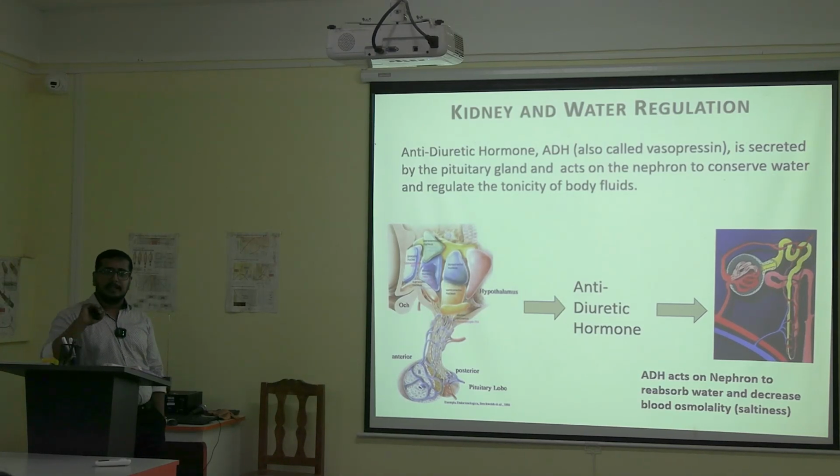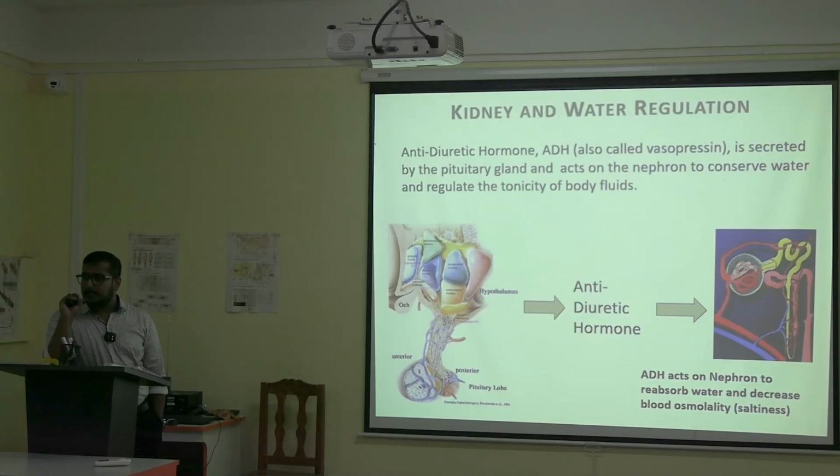The posterior pituitary secretes ADH and oxytocin. Always remember that, from the posterior pituitary only two hormones are released, ADH and oxytocin. ADH is antidiuretic hormone, which helps in the reabsorption of water.